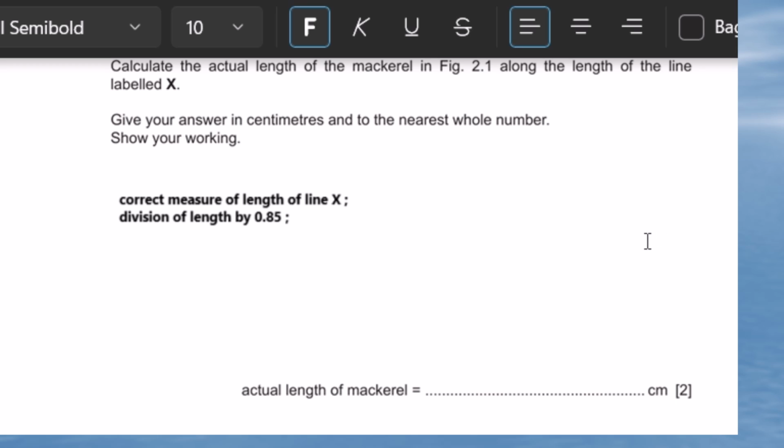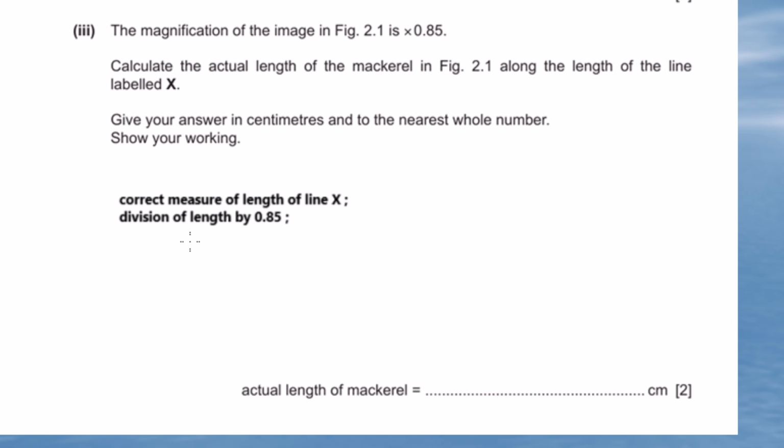You get 1 point from measuring the length of line X. I don't have your ruler here. And you get then 1 point from division of the length by 0.85. So whatever data you get from your measurement, in centimeters, will be your answer, and you get your 2 points.